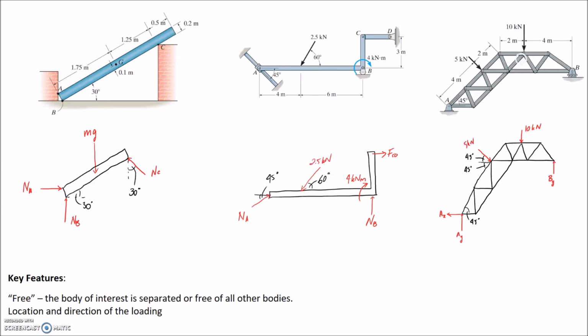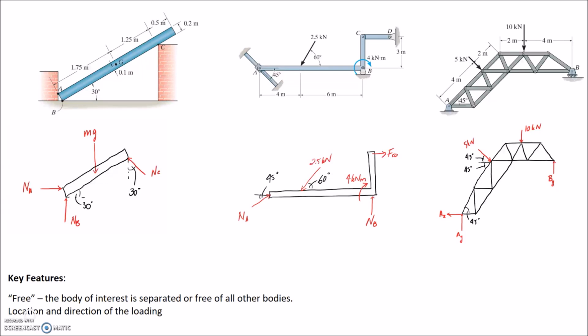But if you wanted to, you could isolate just one of the components or one of the members out of your truss and draw the diagram just of it on its own. So it would have this external force, the force that's from the connecting members, and so on. Okay, so it's up to you what you make the focus of that diagram.